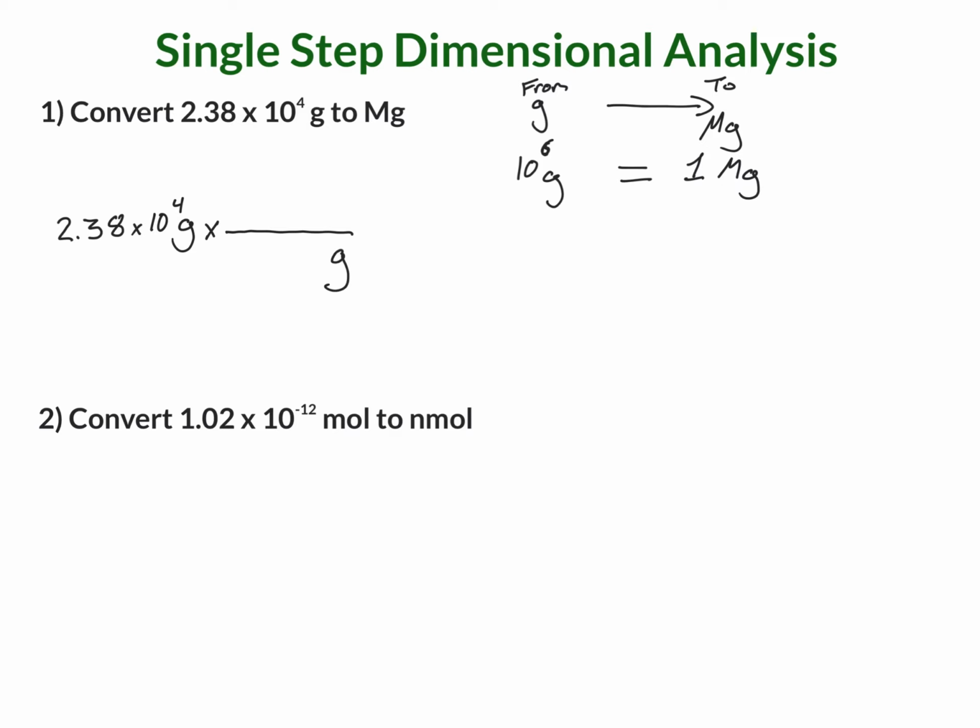So I'm going to write 10 to the 6th here, which means what goes in the numerator? Well, it's this part of my conversion factor. 1 megagram. Right? Now I can cancel things out. I know grams gets canceled out.